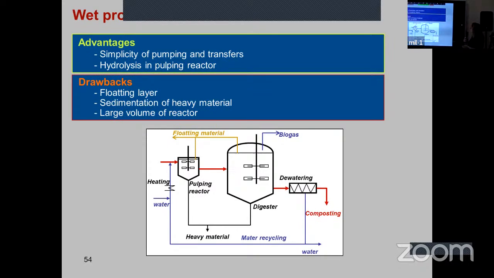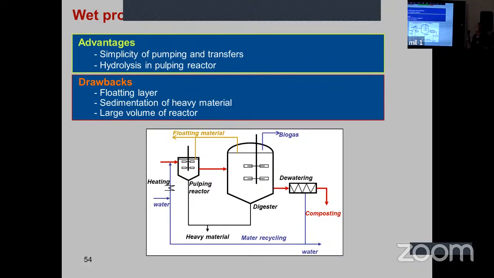This is a summary of the wet processes. The advantage will be the simplicity of pumping and transfer, and if you use some solid material, you can do the hydrolysis in the pulping reactor. It's some kind of two-stage reactor.